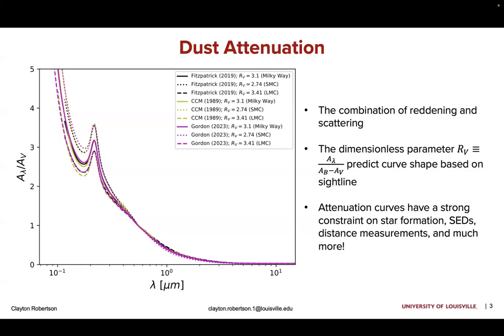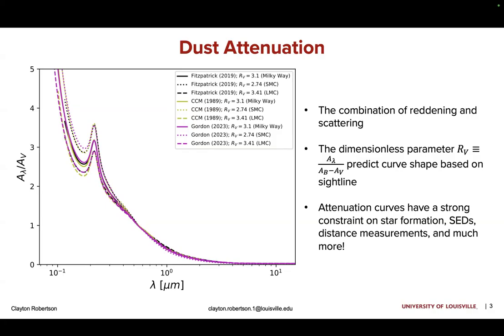One thing that I chose for these three is because these are reddening slope dependent, the RV dependent. They have a dimensionless parameter RV that predicts the shape, curve, and slope, and that gives insight on dust grain size. We can get to that a little bit later. But for each reddening slope, each RV value gives insight on the sight line you're looking at.